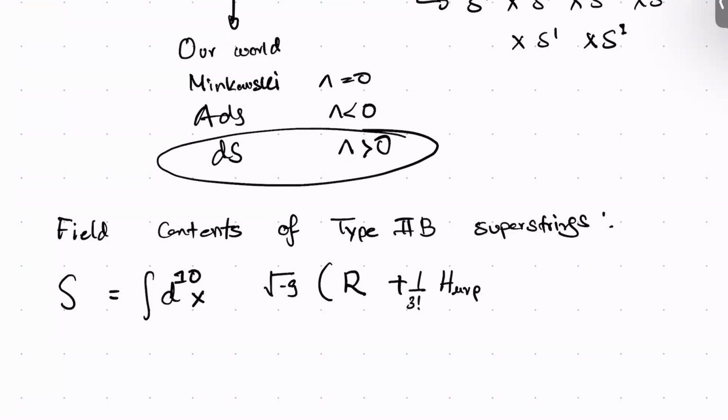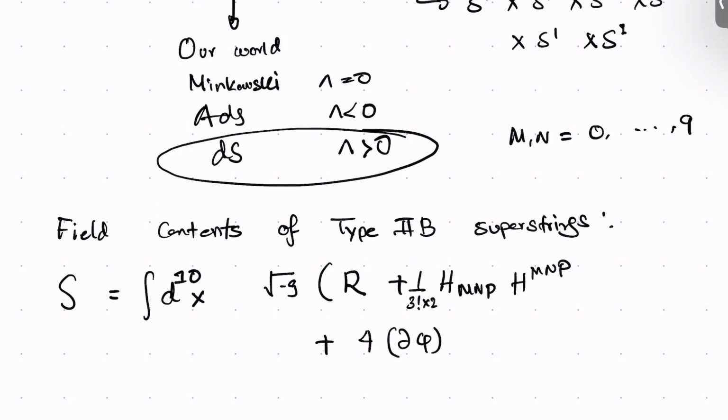But I have to write them in the action. I forget, it's 3 factorial times 2, right? Okay, I should be using better indices, where M and N go from 0 to 9, 10 dimensions. Plus, I have a few more things. One more thing that I had, d phi squared.